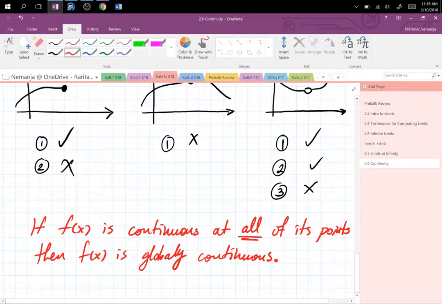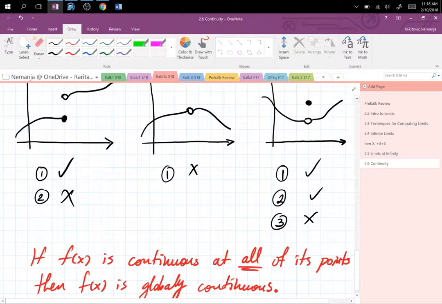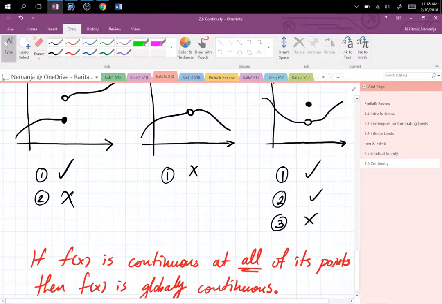Now, you have to be a little bit careful. The functions we deal with in Calculus 1 are all piecewise continuous, but they're not all globally continuous. Remember how I said on day 1 that every function has an inverse, but not every inverse is a function?